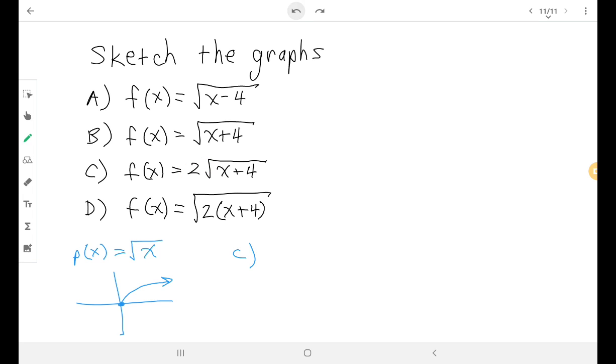So that is not grouped in with x, so that's going to be in the y direction. And in the y direction, things happen as you expect. This is a number bigger than 1, so it's going to be a stretch. Okay? So this is a stretch in the y direction by a factor of 2.